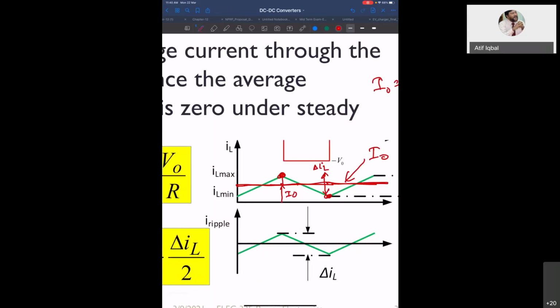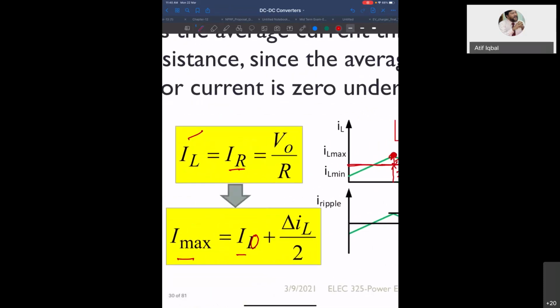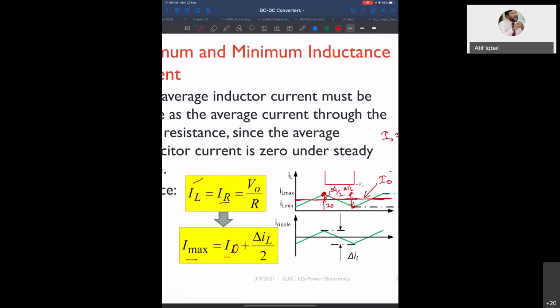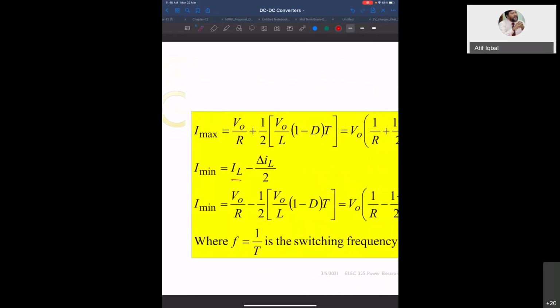So this value will be half of the delta IL. So the maximum will be equal to the average value IL, or you can write I naught plus delta IL by 2. This is your maximum value. And what will be the minimum value? How do you get the minimum value? IL minus delta IL by 2. That will be the minimum value.